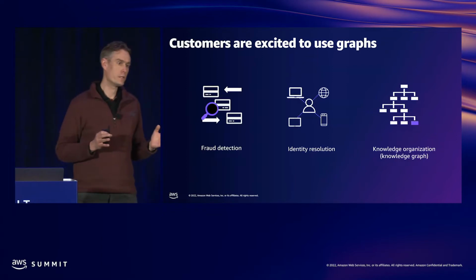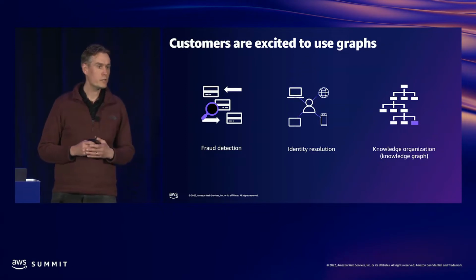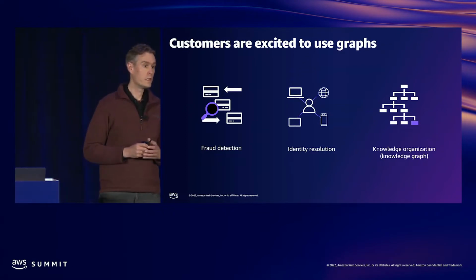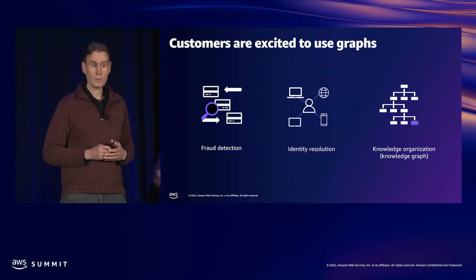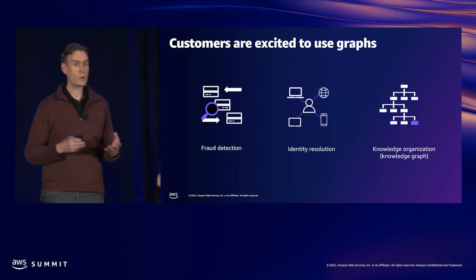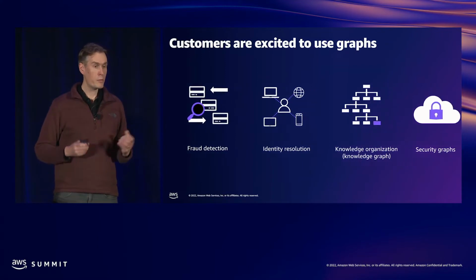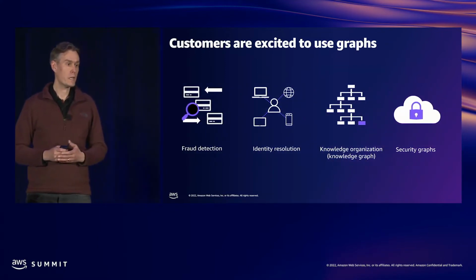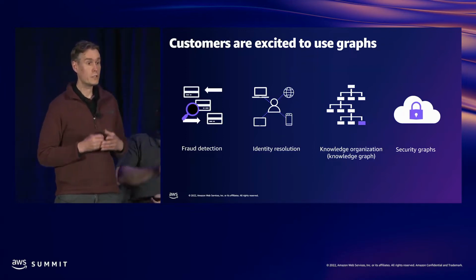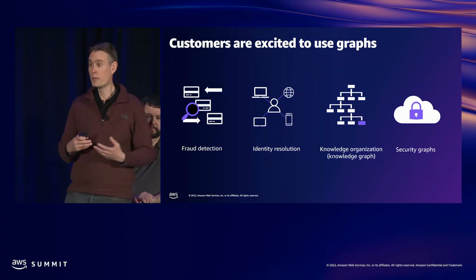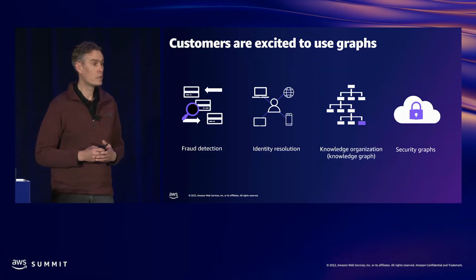There are lots of different use cases for graphs, but the ones that we're seeing the most traction in are using graphs to detect fraud, using graphs to resolve identities or for customer 360 type applications, and using graphs to organize information, often known as knowledge graphs.